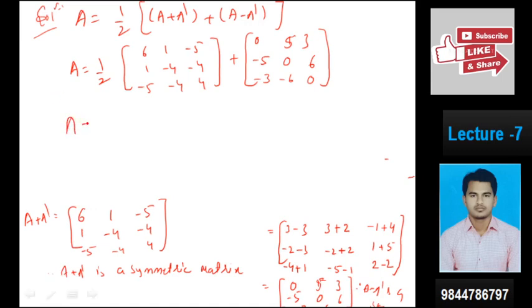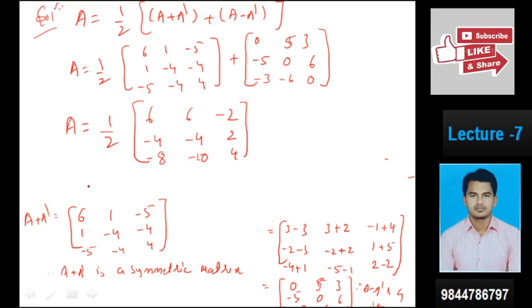Okay, A as it is, 1 by 2, 6 plus 0 is 6, 1 plus 5 is 6, minus 5 plus 3 is minus 2, 1 minus 5 is minus 4, and plus 2, minus 8, minus 10 and 4.